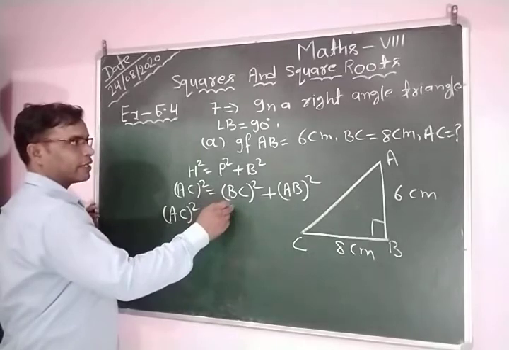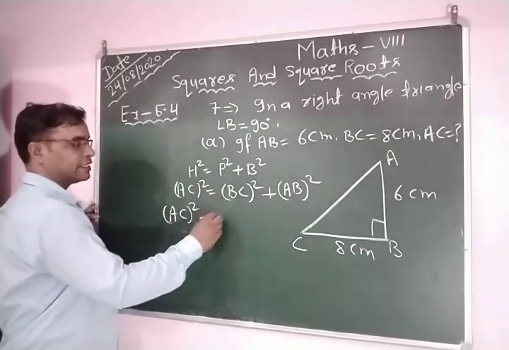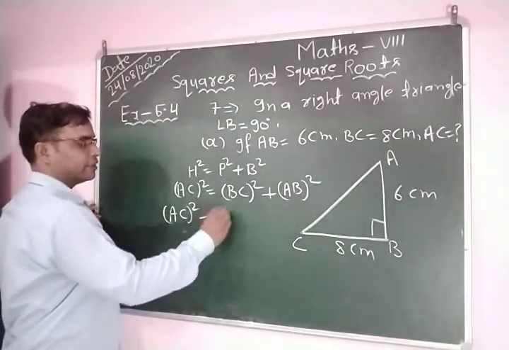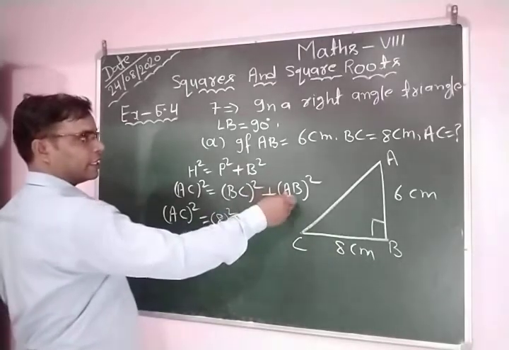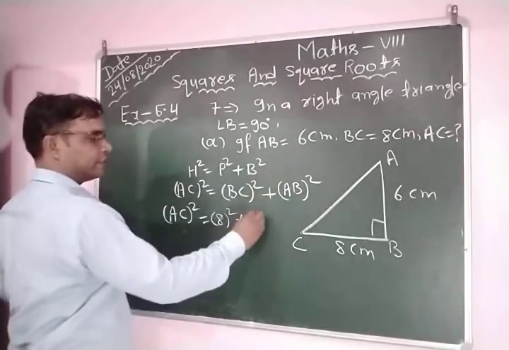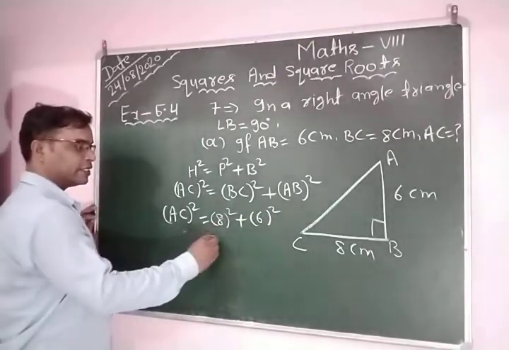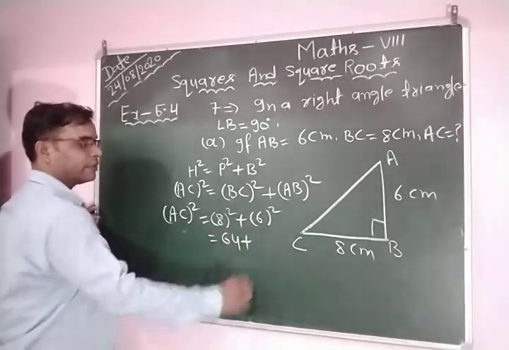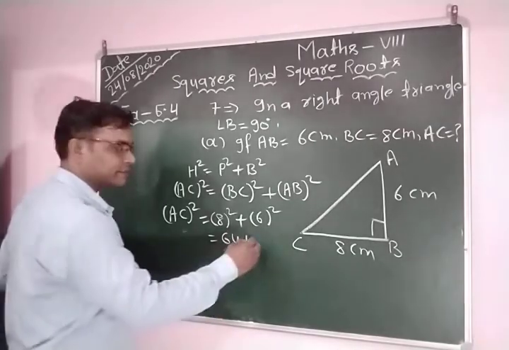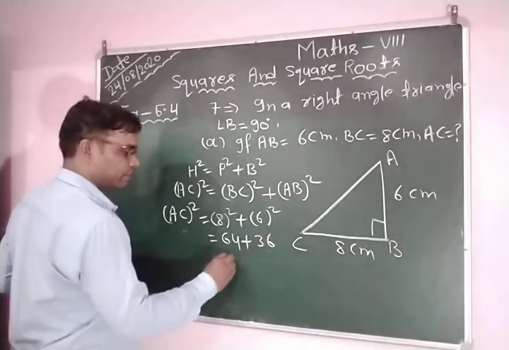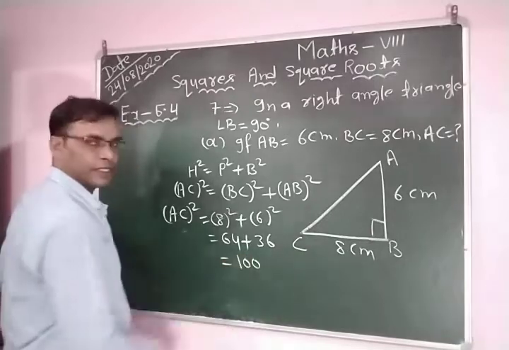This is equal to square of BC, which is 8 centimeters, and AB is equal to 6 centimeters. Square of 8 is 64, plus square of 6 is 36, so this is equal to 100.